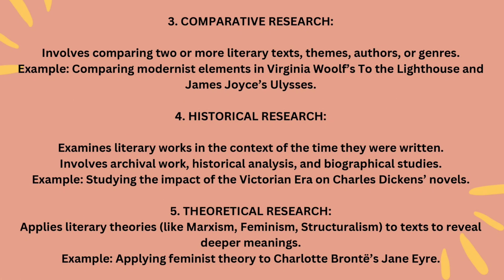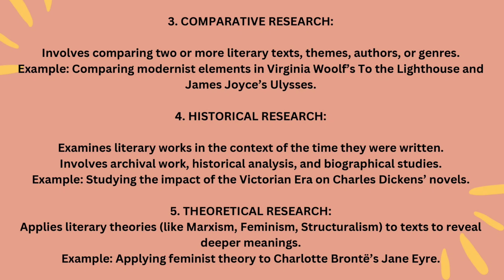Next, we are going to learn about comparative research. This is a kind of research that involves the comparison of texts, themes, or genres. For example, we could compare Virginia Woolf's To the Lighthouse to James Joyce's Ulysses.